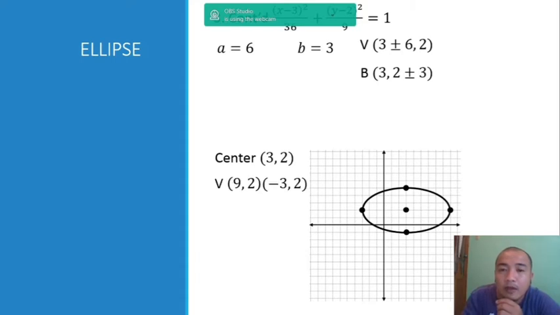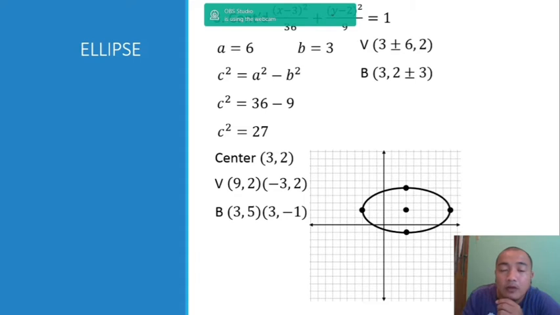So, meaning, dito sa vertices, 3 plus 6, 9. 3 minus 6, negative 3, 2. Ayun. For minor axis, 2 plus 3, 5. 2 minus 3, negative 1. Yun. Solving for C, it's needed to solve for the foci. Yun, square root of 27 naman dito, or 3 square root of 3 or 5.2.